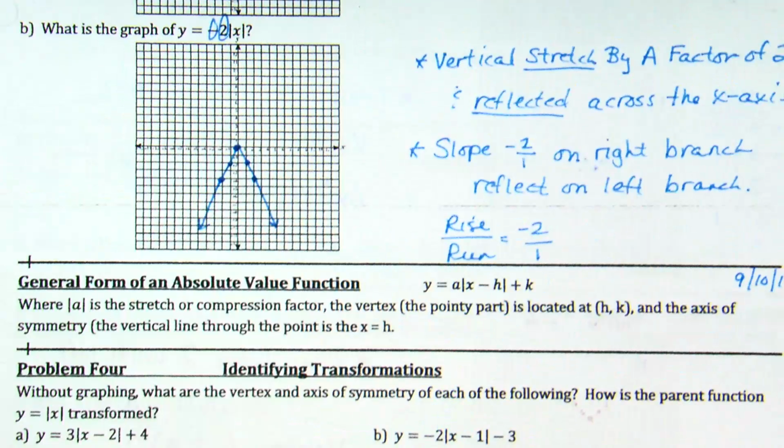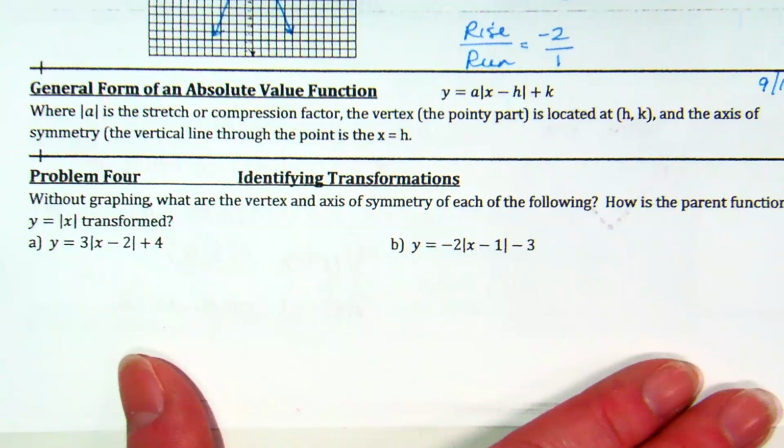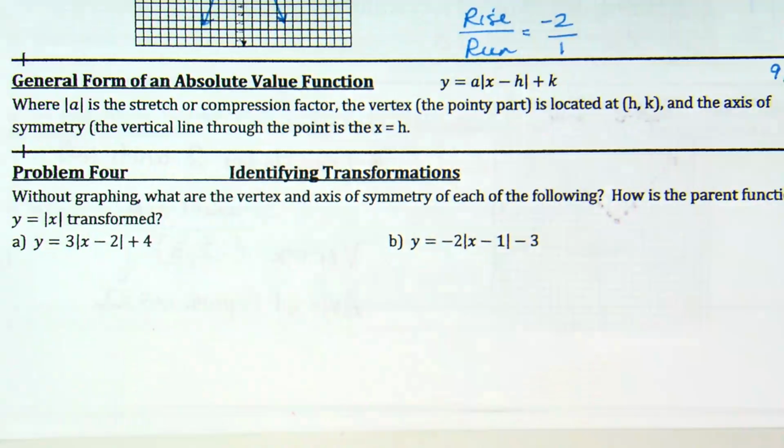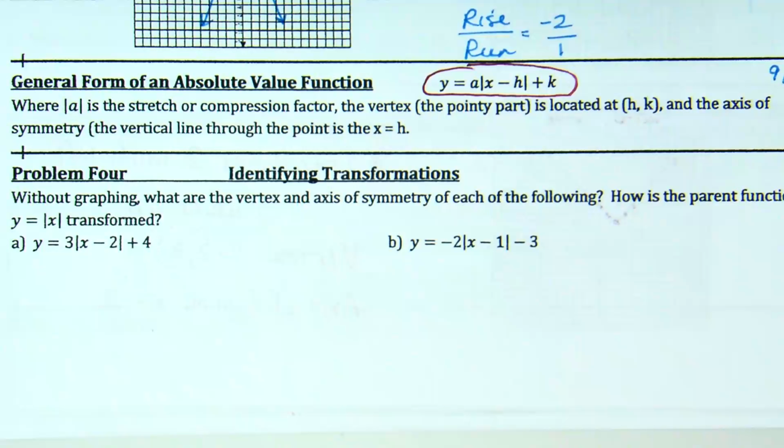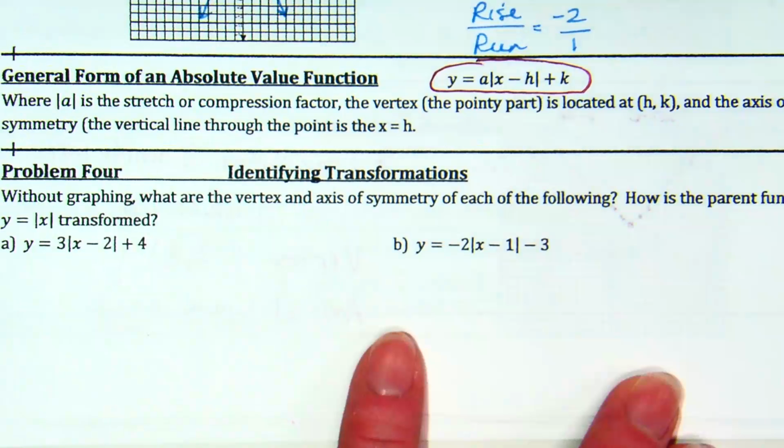The part we're going to move into today is putting it all together into equations. So, general form of an absolute value equation: y equals a times the absolute value of x minus h, plus k.